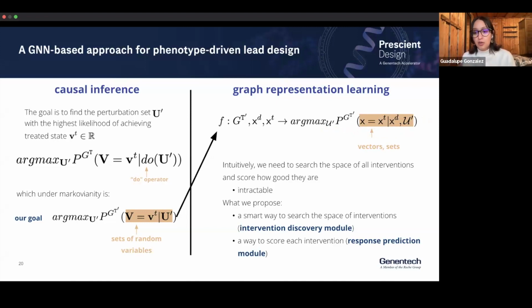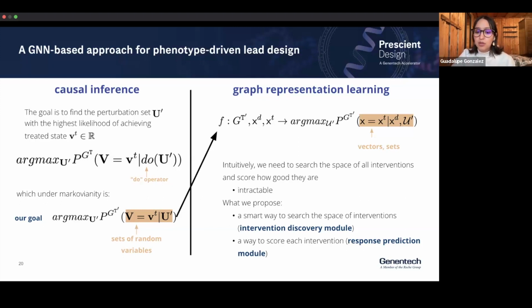And this is exactly how the response prediction models work, where they're trying to just go through the library and then predict the one that has the best score. However, as we have seen before, this becomes quite intractable.